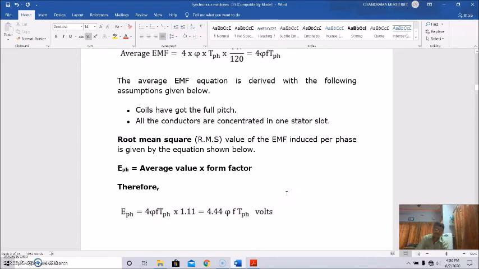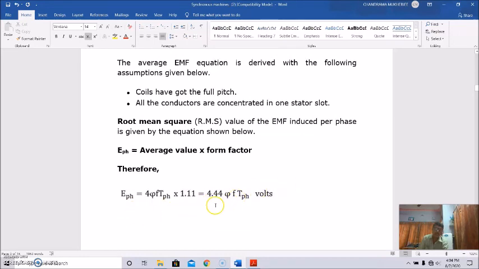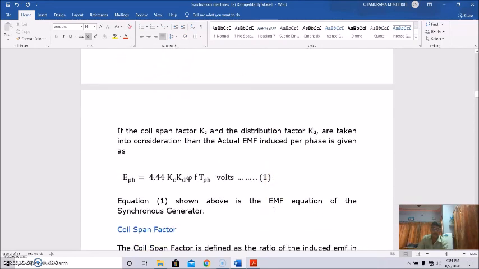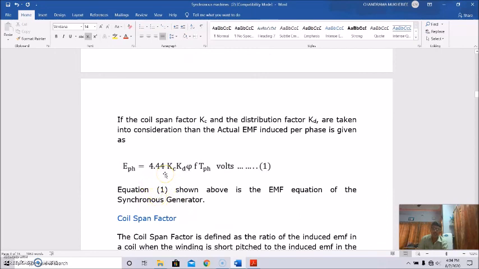So the factor due to fractional pitch or short pitch coils, the coil span factor, comes into the picture, and since coils are distributed in all the slots along the stator periphery, the distribution factor also comes in. The EMF equation per phase is multiplied by Kc into Kd to give the actual value: 4.44 Kc Kd phi f Tph. The product of Kc and Kd is jointly called the winding factor, Kw.